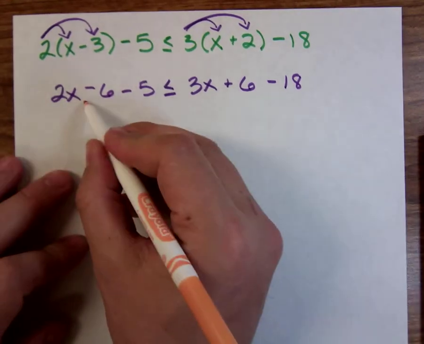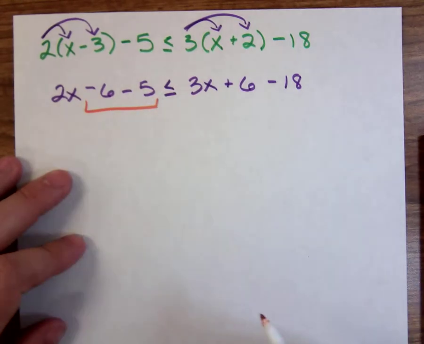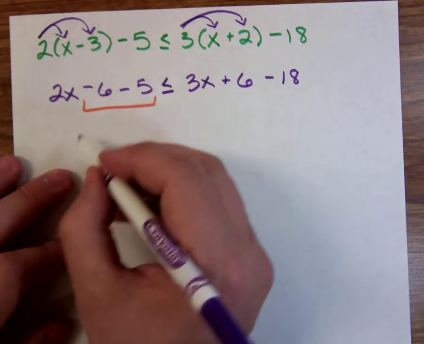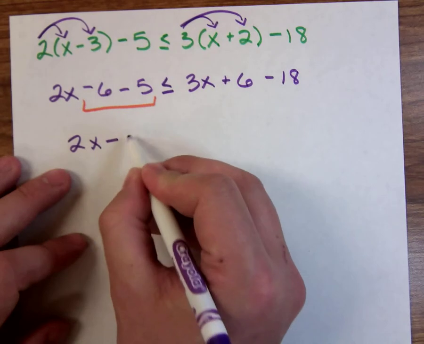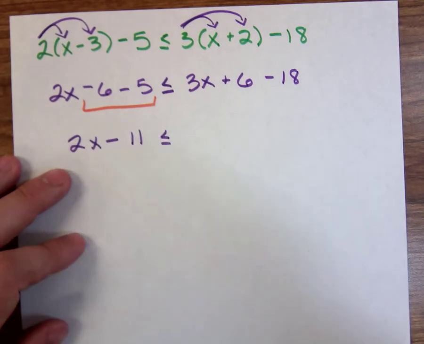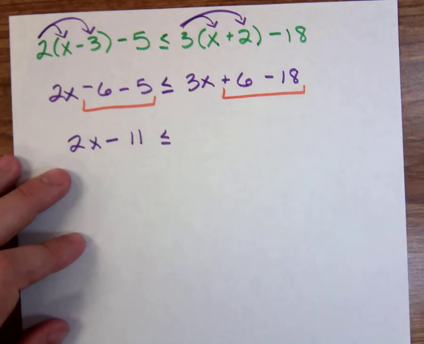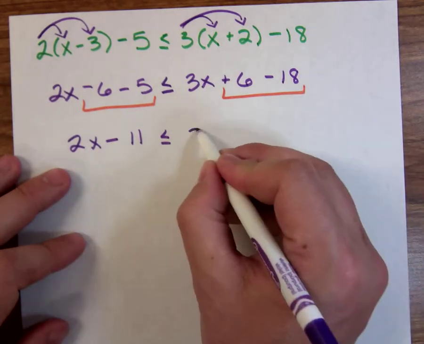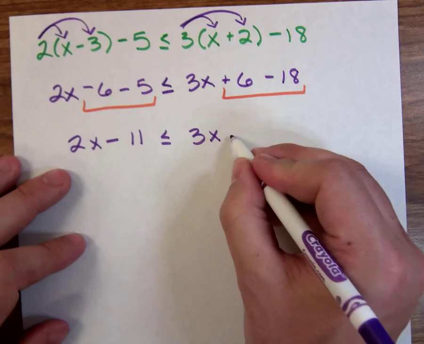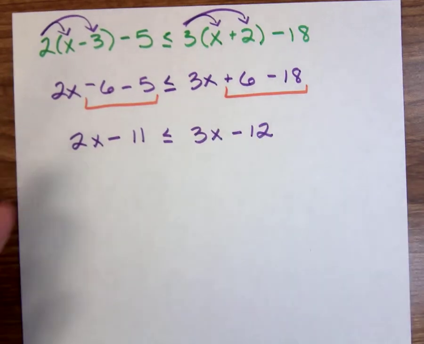Negative 6 minus 5, if I combine those two, that's going to give me 2x minus 11. And then over here, I'm going to combine those two, minus 12.